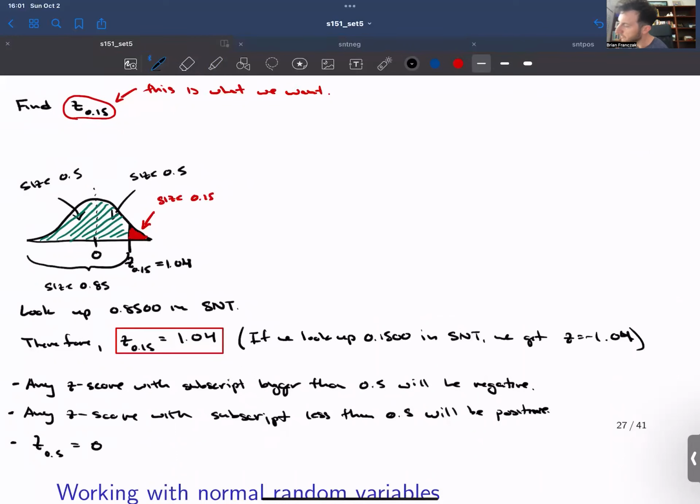So we can see that the magnitude of the values is exactly the same, and we can use this as long as we realize that any z-score with a subscript less than 0.5 has to be positive. So if we just knock the negative off of this, we can also get the right answer. This is why it's important that we sketch what we're looking for, so that we don't make a mistake when we are trying to find these values.